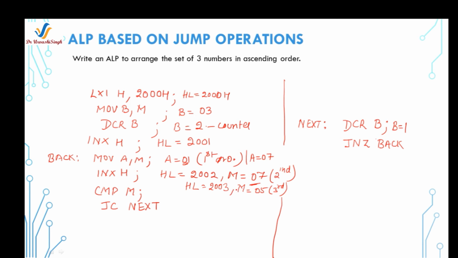So as you remember, in the swapping action you have to first store the memory content into some register. For this I am taking register E, move E comma M. In this way register E is holding the third number, which is 05, and then I will copy the second number, which is 07, into the location 2003 for the swapping.